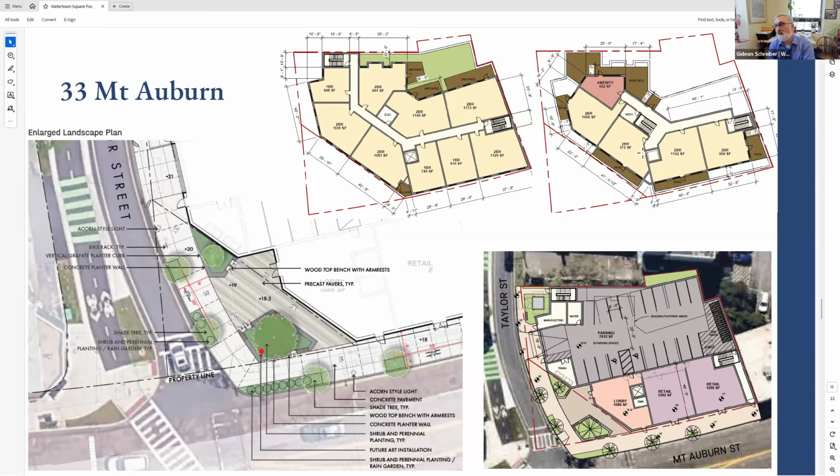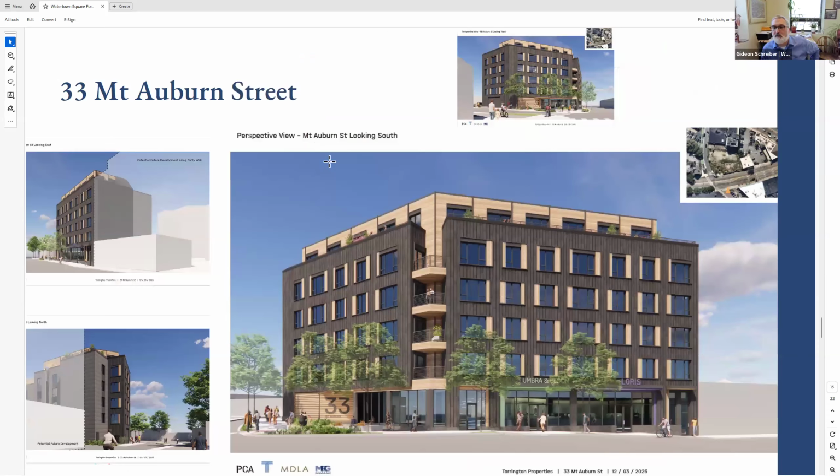So they could only fit 4 units on the top floor because of the way the step backs and setbacks are. And then the stairs, the way they designed them, are right at the property line, which is another thing we'll talk about, which is party walls in the future versus the current.